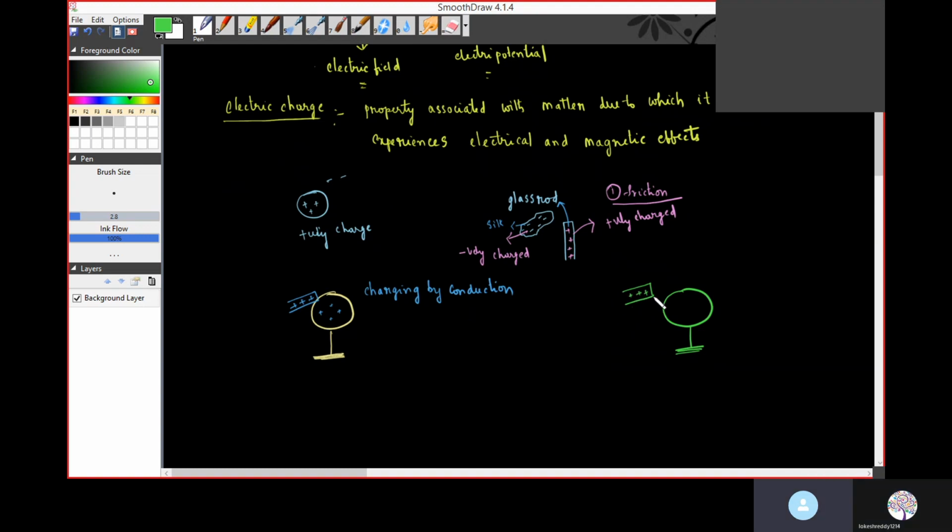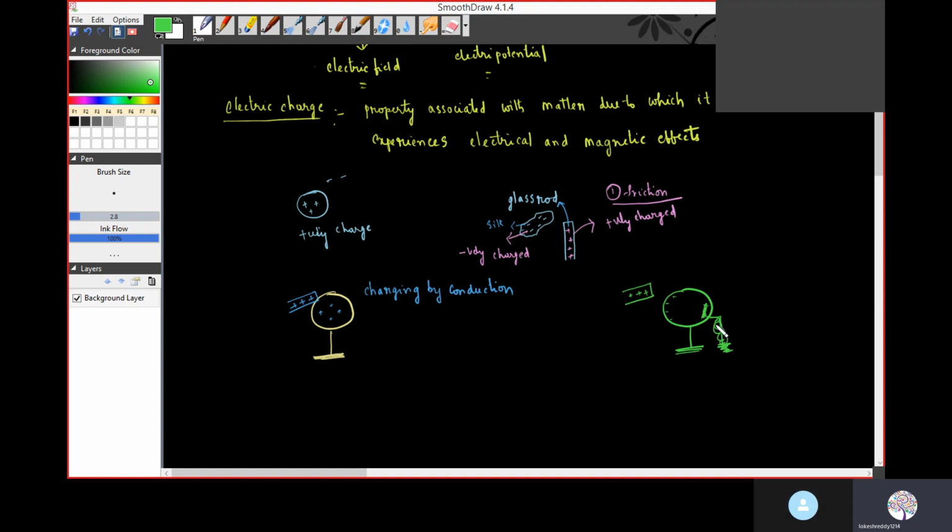Then it attracts electrons on this side and repels positive charge on that side. Now you connect it to the ground. When you connect it to the ground, all this positive charge will go to the earth, because the positive rod will repel positive and attract negative.